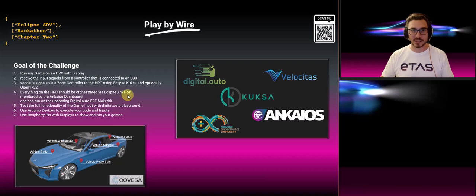Everything on the HPC should be orchestrated, hopefully with the Eclipse Ankaios project and monitored by the Ankaios dashboard. And you shall run it on a Digital Auto EE Maker Kit. So this sounds very complex, but nevertheless it should be very fun.